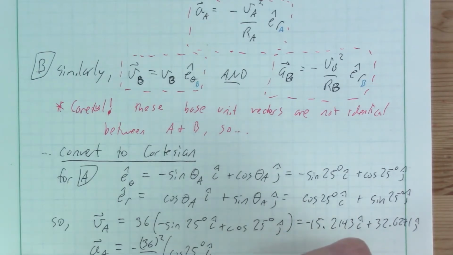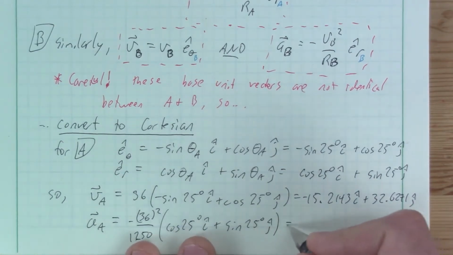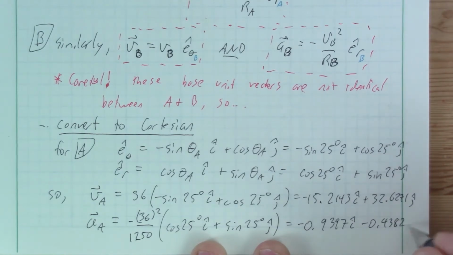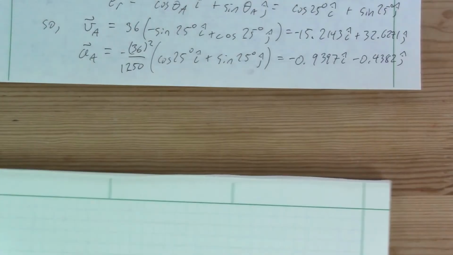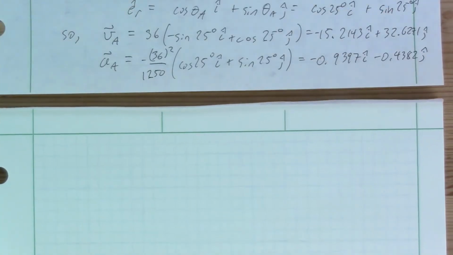Cosine 25 degrees i hat plus sine 25 degrees j hat, and we get minus 0.9397 i hat minus 0.4382 j hat. Okay, gotta go to a new page. I'll keep the end results there, still on the screen.